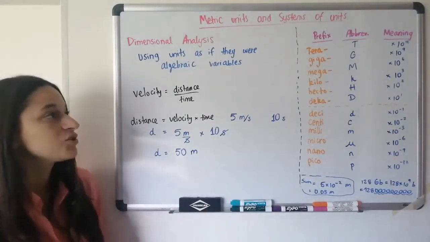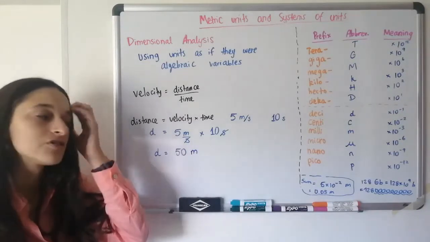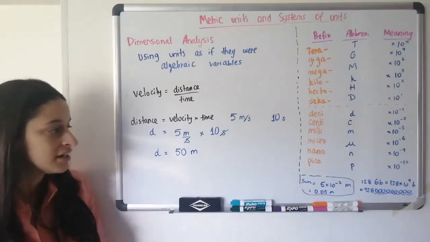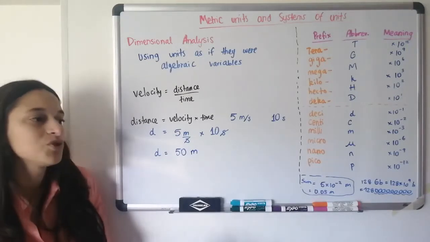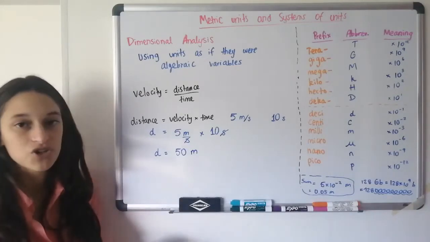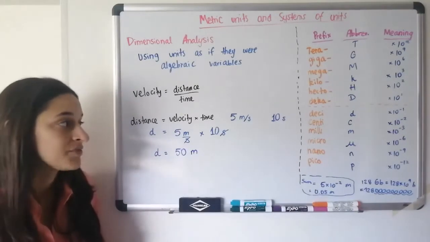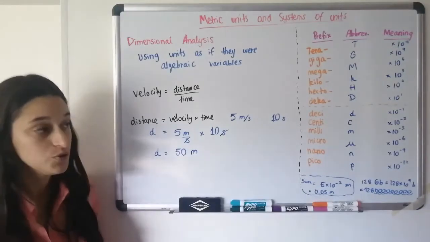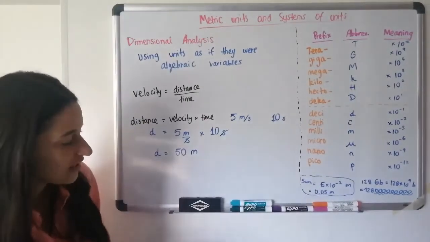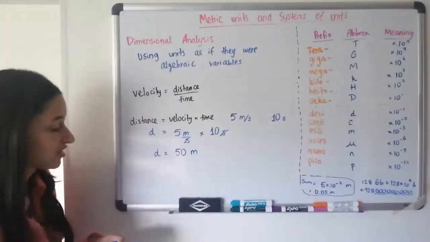So that's a really useful trick to know if you have to multiply or divide. It helps every time you do a calculation in physics with units. When you cancel everything out, you should be left with the units that you expect. If you're not, then you made a mistake and you can go back and check what you did. So that is the first part, the introduction.